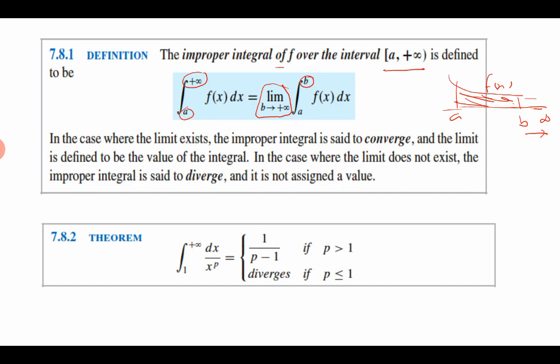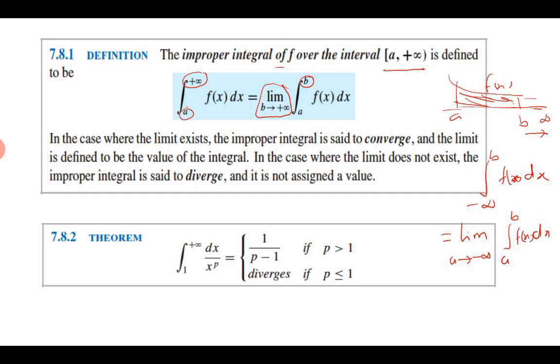goes to positive infinity. So obviously you can guess, if the lower limit is negative infinity and the upper limit is b, integral of f of x dx, can you write your own definition? It will be the limit, you can take the lower limit as a, integral from a to b of f of x dx, and let a approach negative infinity.